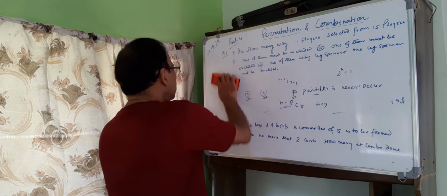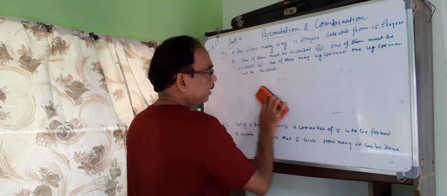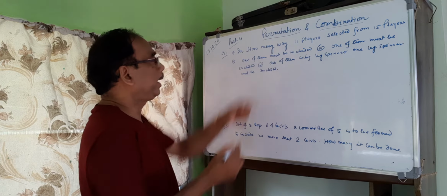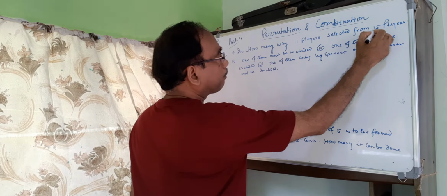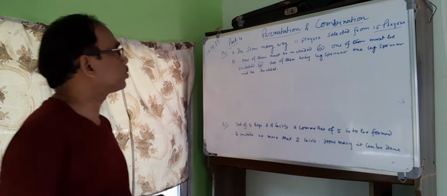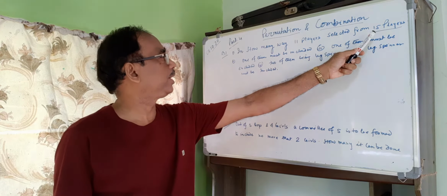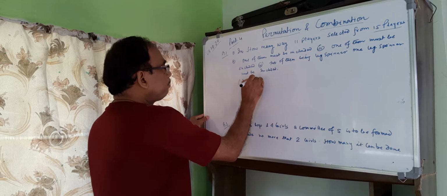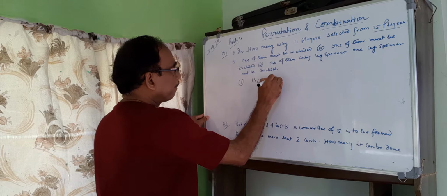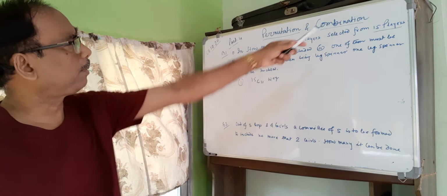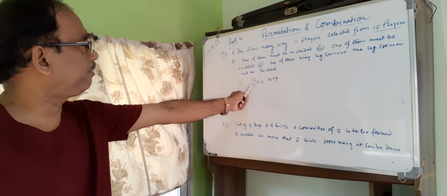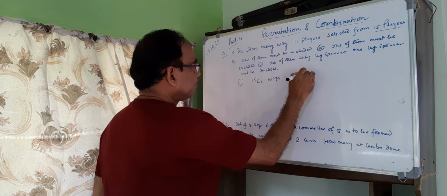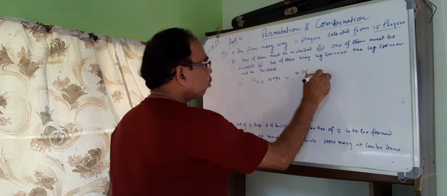Now let's do sums related to these properties. Sum number 1 is given here. In how many ways can 11 players be selected from 15 players? The number of players is 15. You have to select 11 players. That can be done in 15C11 ways, which equals 15C4.